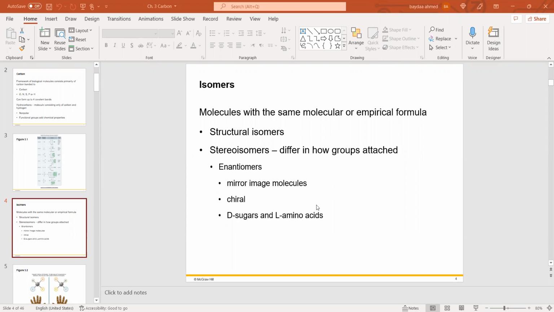When the 4 groups attached to a carbon atom are different, the resulting molecule is said to be chiral. Chiral molecules can have mirror images of each other. We call them enantiomers.